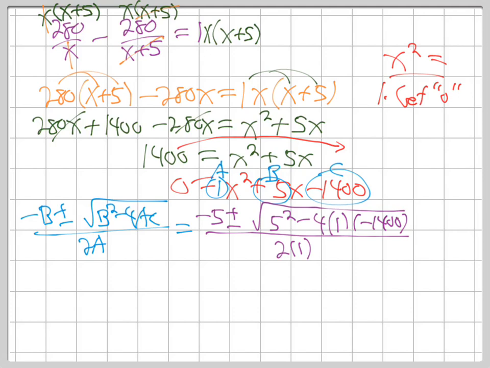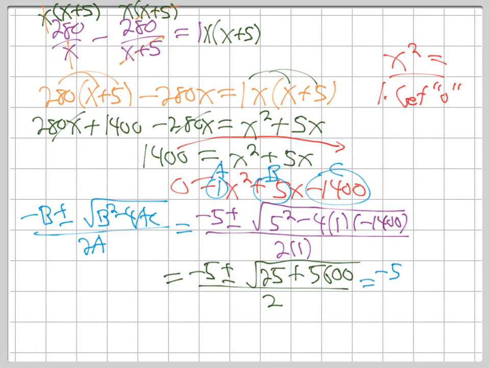So that is negative 5 plus or minus the square root of 25 plus, what is that? Some big number there, 5600, all over 2. These are big numbers, aren't they? Alright, so this is negative 5 plus or minus square root of 5625 all over 2.